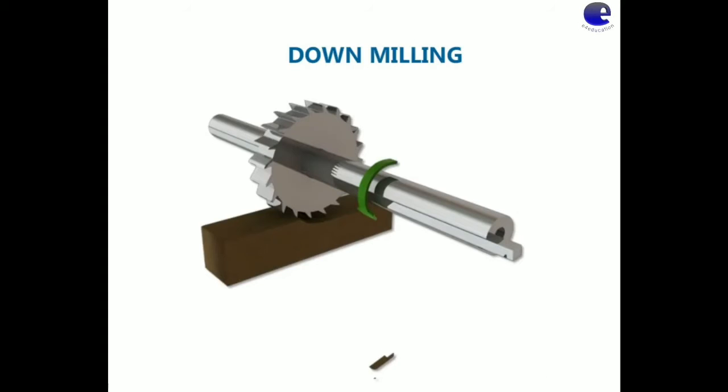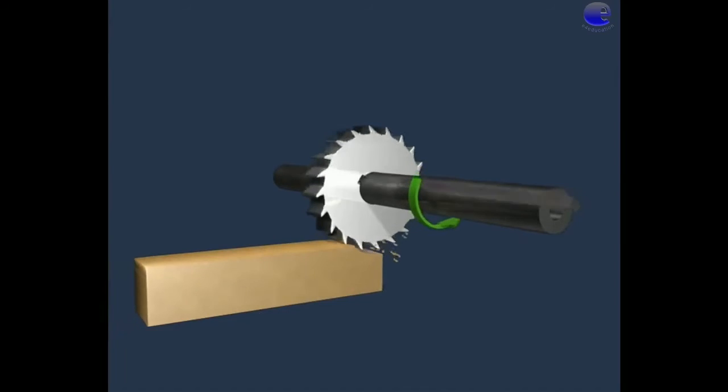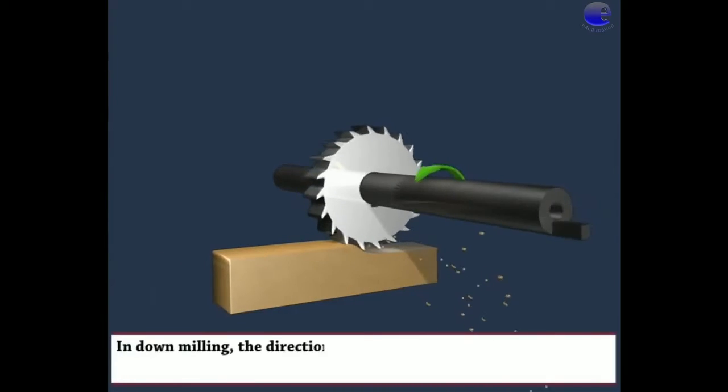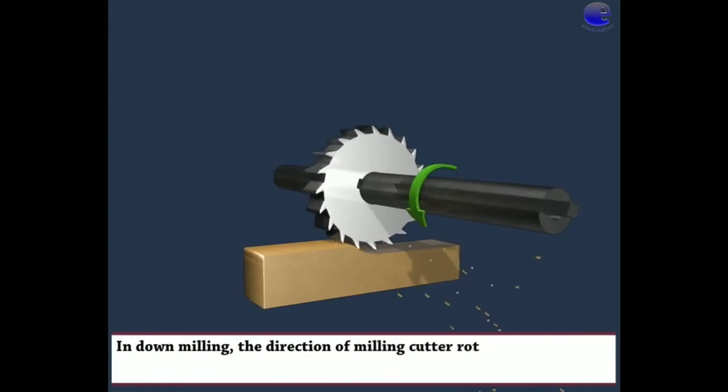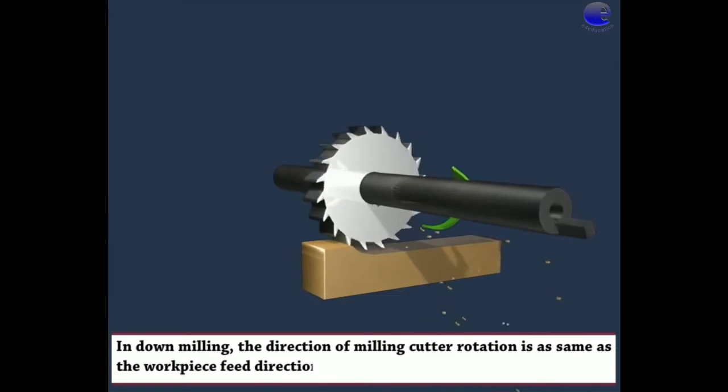Next is down milling. In down milling we have a plane milling cutter which rotates with the spindle as shown in the diagram. In down milling, the direction of cutter rotation is the same as the workpiece feed direction.